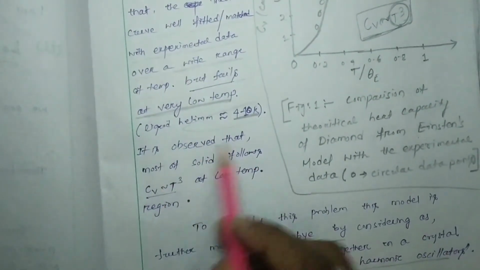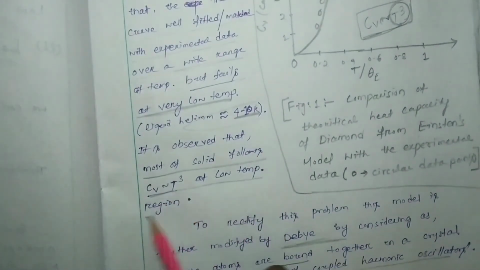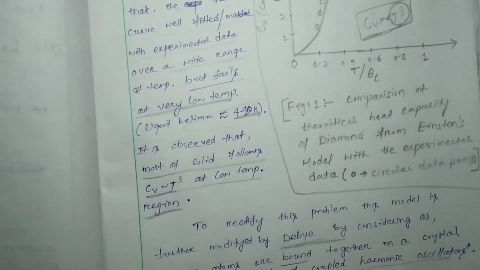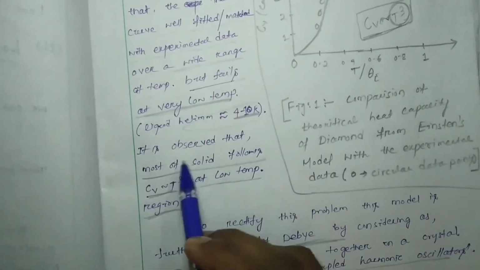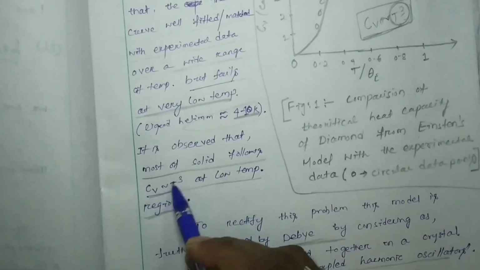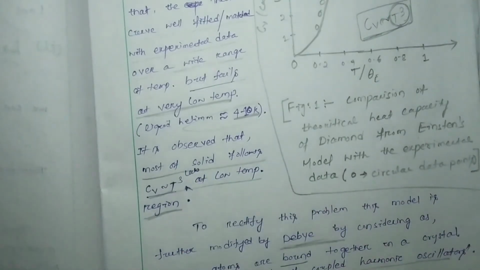So it is observed that most solids follow the Cv versus T cubed law. You have to write it as the T cubed law at the low temperature region.